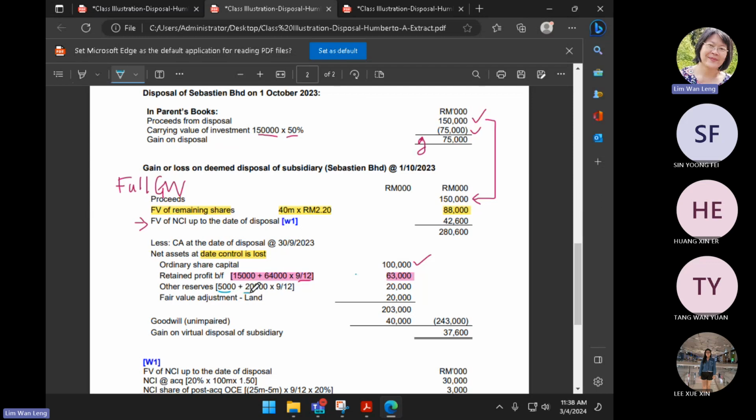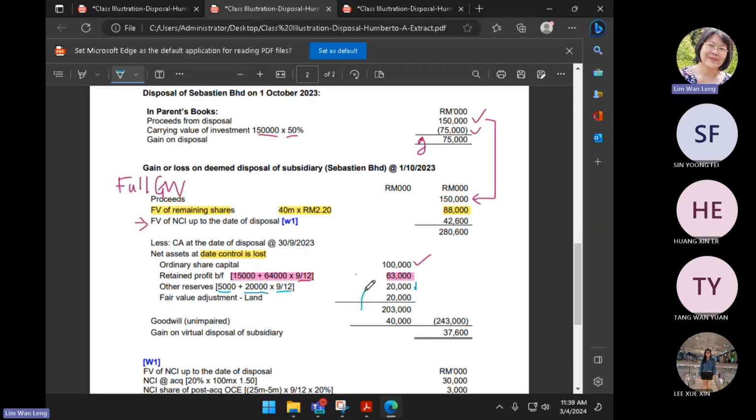And then 20 million is the post-acquisition, which means you take 25 minus the 5. This is the post-acquisition period, and you only have a share up to the date of disposal, which is 9 months only. So you're going to get this 20 million.